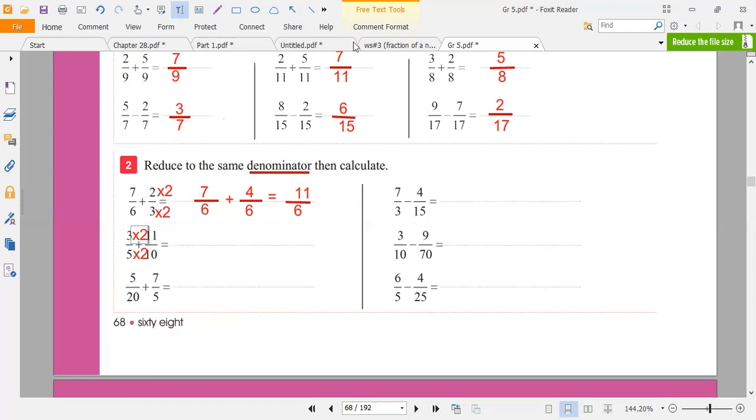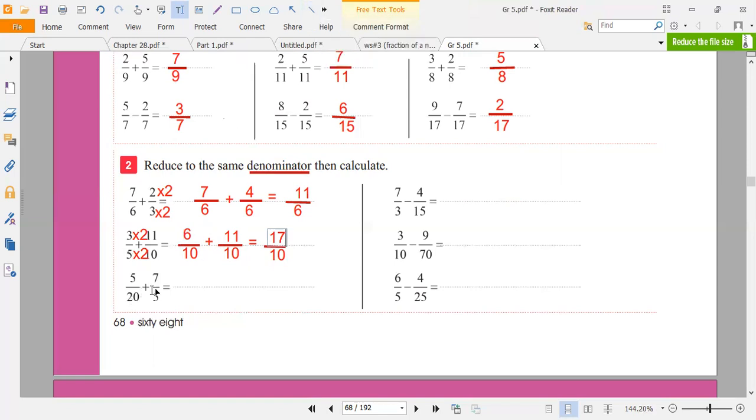So we get 3 times 2, 6, 5 times 2, 10, plus 11 tenths does not change, equals. Now they have the same denominator, so we keep the denominator and we add the numerators. 6 plus 11, 17.